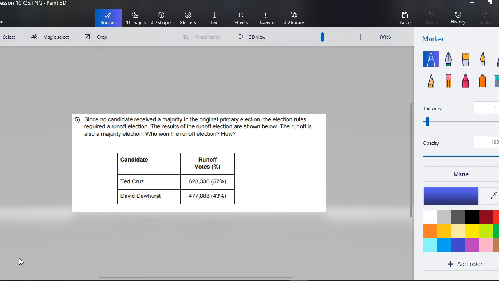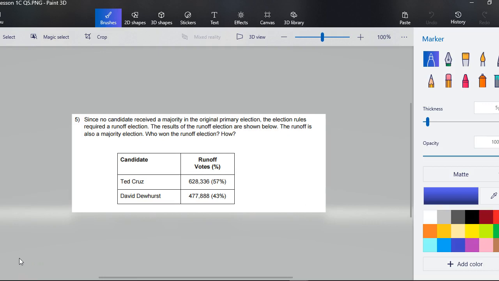To continue, it is best if you answer question 5 before you watch this video. So I suggest you hit pause, answer question 5, and then come back to hear an explanation. On question number 5, it says, since no candidate received a majority in this original election, then it requires a runoff. Below are the results of the runoff election.